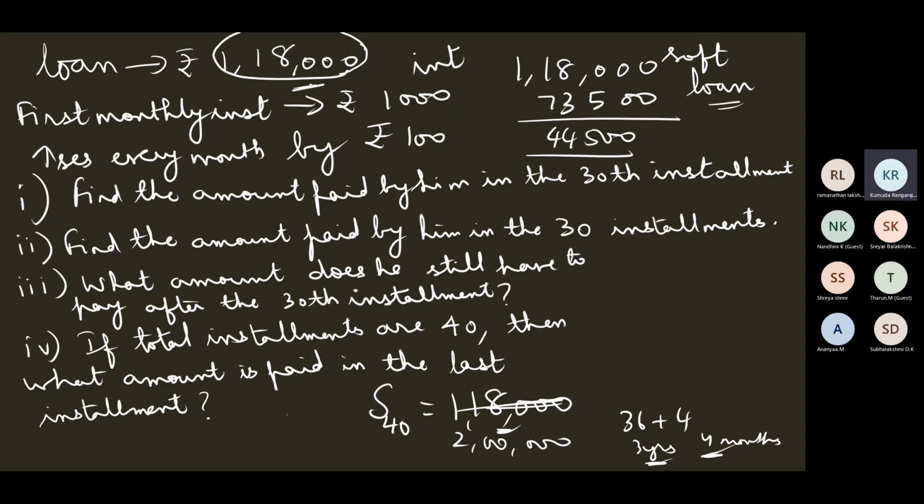The loan amount is 1,18,000, but S40 is 2 lakhs. The difference, 2 lakhs minus 1,18,000, is the interest charged by the money lender.